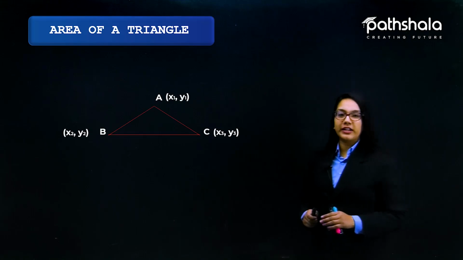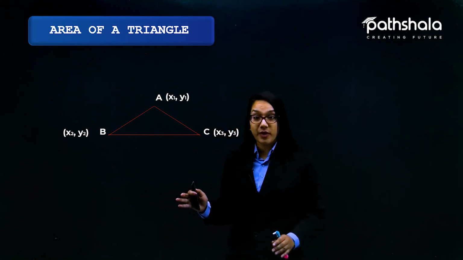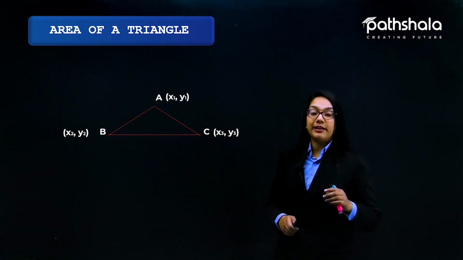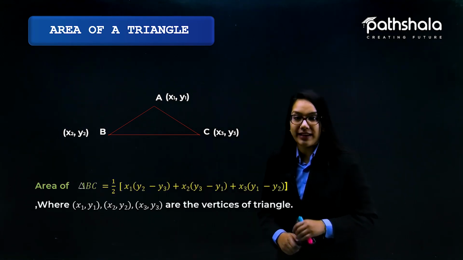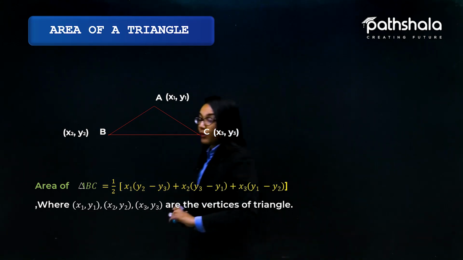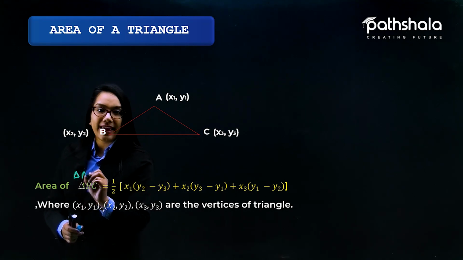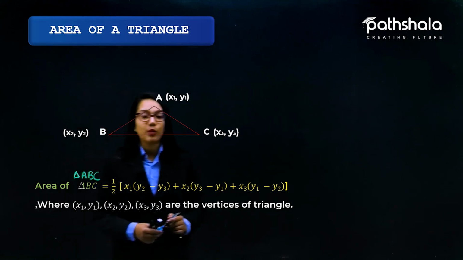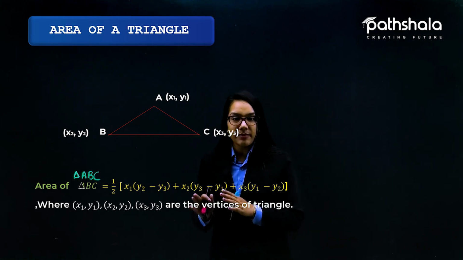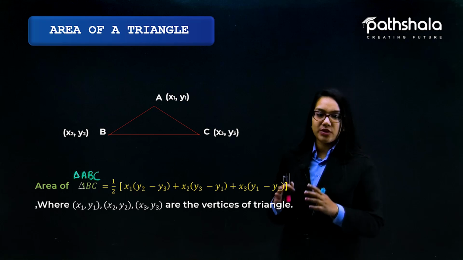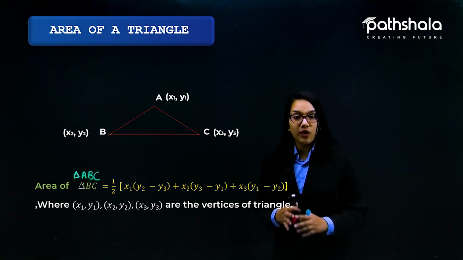So hence we have concluded that for any particular triangle whose coordinates of the vertices are given to us as (x1, y1), (x2, y2), (x3, y3), we can find the area of the triangle using the formula: area of the triangle ABC is equal to half into x1(y2 − y3) + x2(y3 − y1) + x3(y1 − y2), where (x1, y1), (x2, y2), (x3, y3) are the vertices of the triangle.